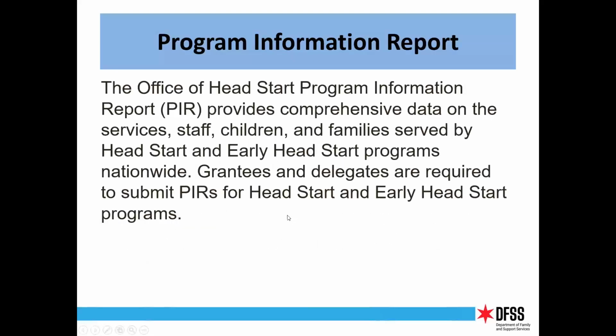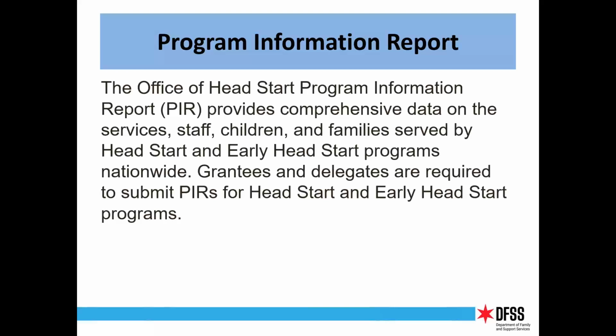So a little bit of background for those of you who are new to the PIR or who need a refresher since we did not report it last year. The Office of Head Start PIR provides comprehensive data on services, staff, children, and families served by Head Start and Early Head Start programs. Grantees and delegates are required to submit PIRs for Head Start and Early Head Start programs, and I would point out separately.